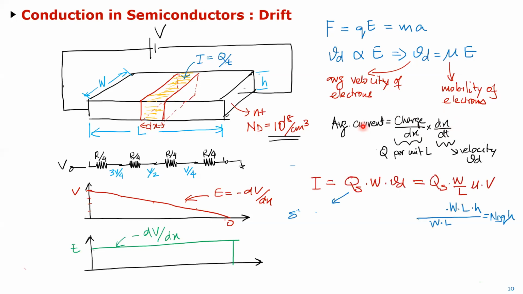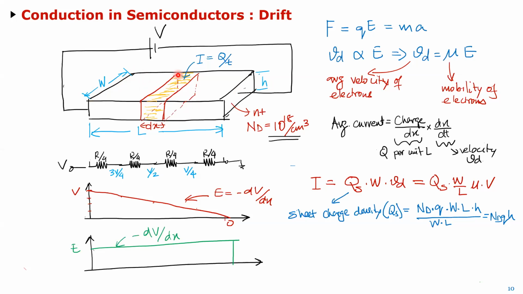If I expand all that, I know the charge density from the dopant concentration, plus the area and the height. Like I said, usually we don't worry about height in VLSI. It's a two-dimensional structure, so we are only worrying about W and L. We're just looking from the top here and asking, what's the charge density?